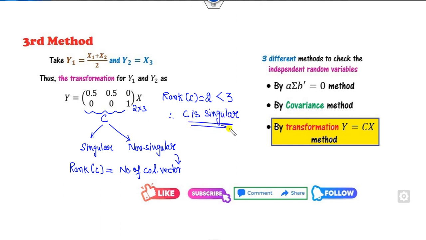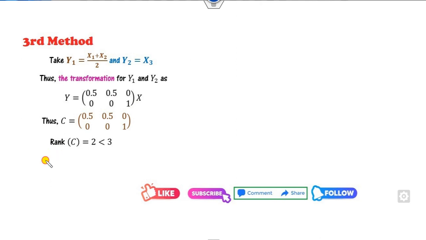Once you get that C is a singular matrix, this Y will again follow a multivariate normal distribution with mean C mu and covariance C sigma C transpose. Now your target is to find C mu and C sigma C transpose. This is my mean and this is my covariance matrix.